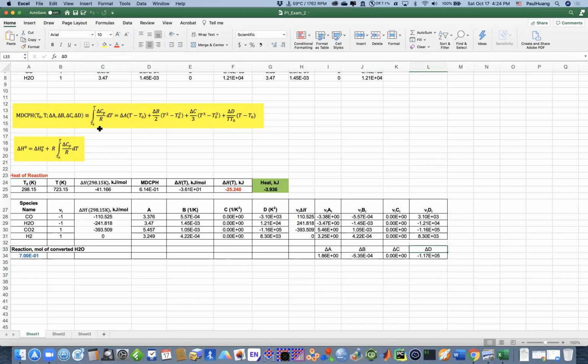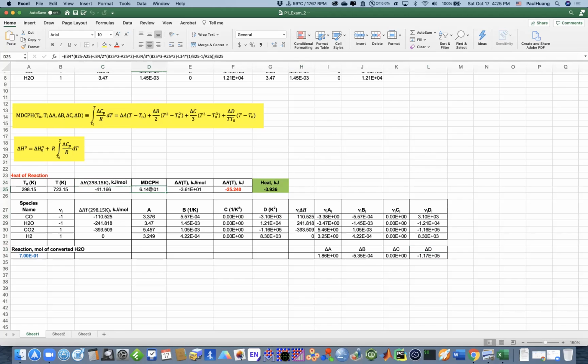After that, you simply utilize the listed equation over here. Okay. So we understand what would be the standard heat of formation. That's basically the value you read from the appendix, considering the stoichiometry values. So you add them up for this column H, the four values, then you receive the heat of reaction at the standard state, 298 Kelvin.